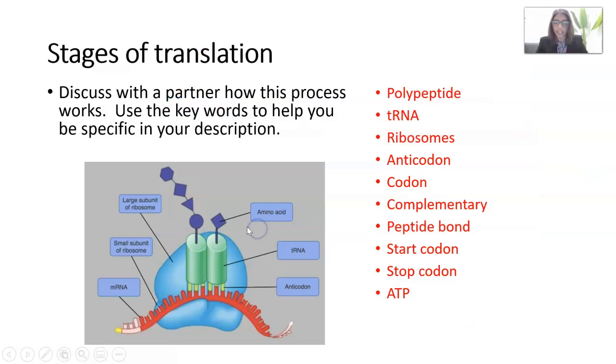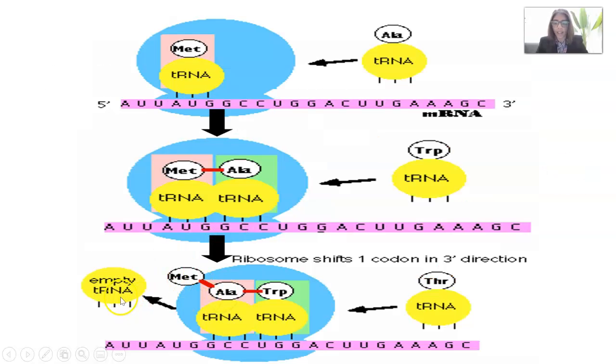So what we can see here is that the empty tRNA molecule has gone away, as I just described, and the next amino acid, which we saw in the picture above, has come along to the ribosome, and it's gone through the same process that we talked about before. The tRNA molecule that was sitting in the first position has moved to the second position here, and everything gets shifted along.